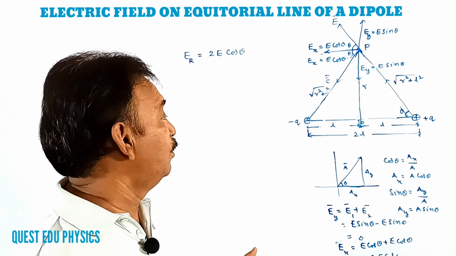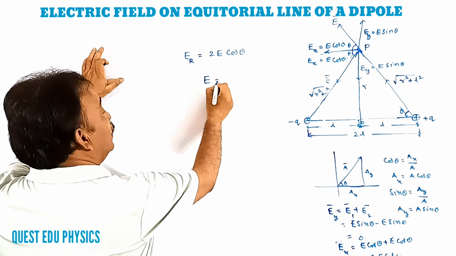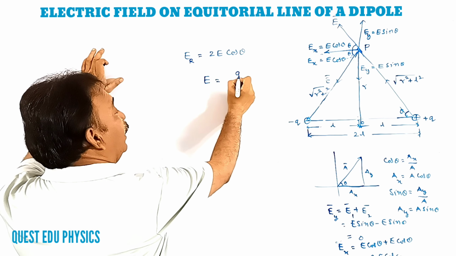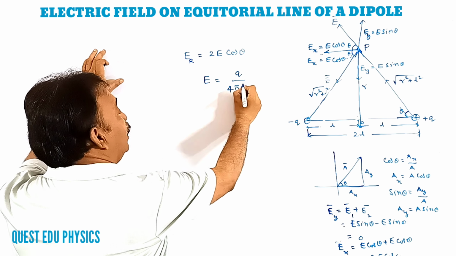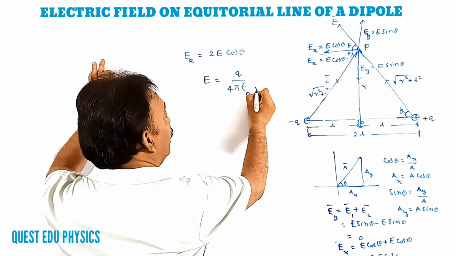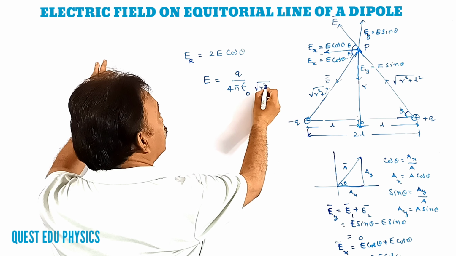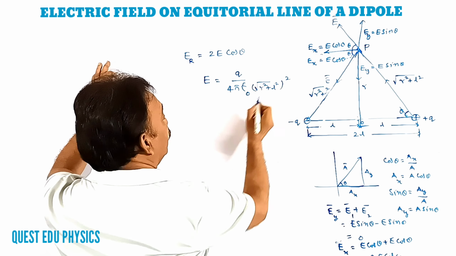Okay, students, we are finding E as Q by 4 pi epsilon naught into distance between these two. It is under root of r square plus L square whole square.